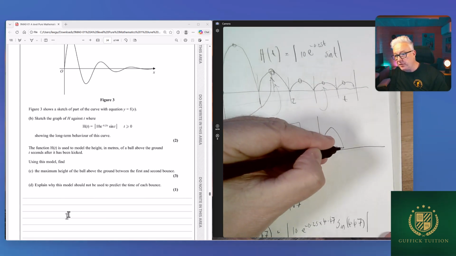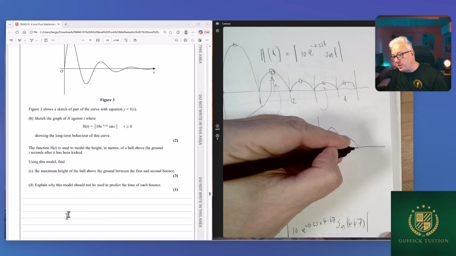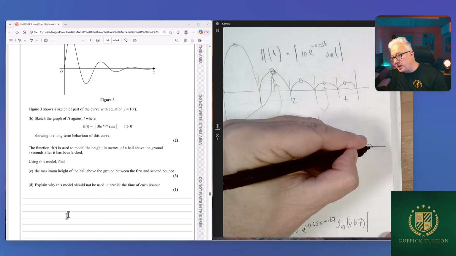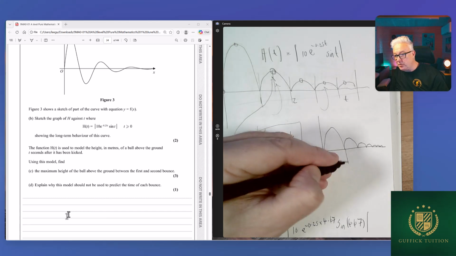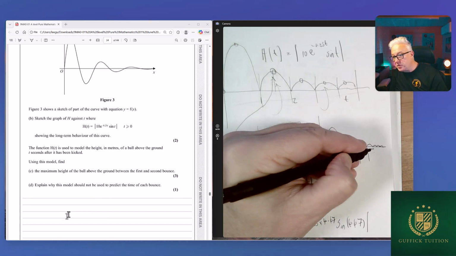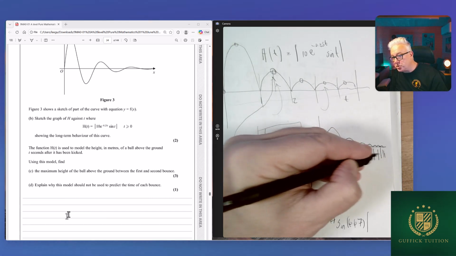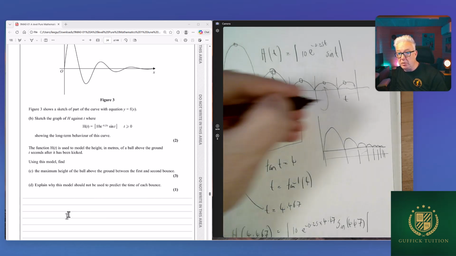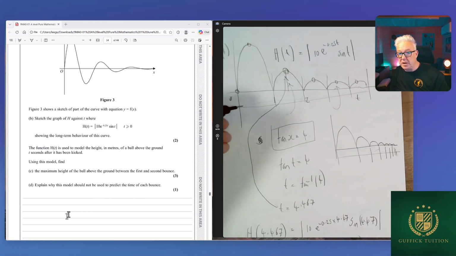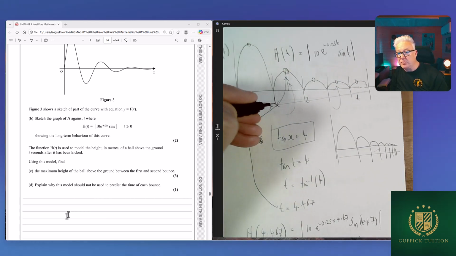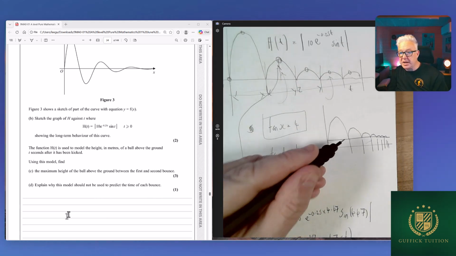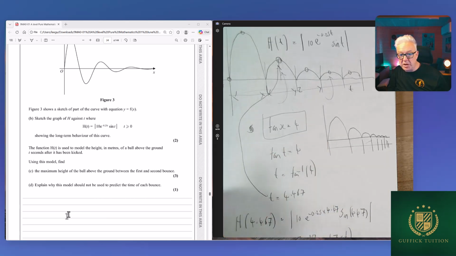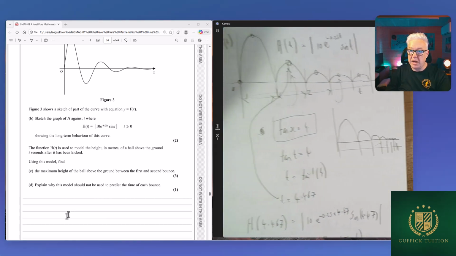In real life, not only does the amplitude of the bounce decrease, but the time between the bounces decreases as well. So actually, in real life, the time in between the bounces gets shorter and shorter and shorter. So whereas this model, all of these distances between the bounces are the same. And that's really what they're looking for. So we should not use this model to predict the time of each bounce, because in reality, the time between each bounce will decrease. Okay, perfect.